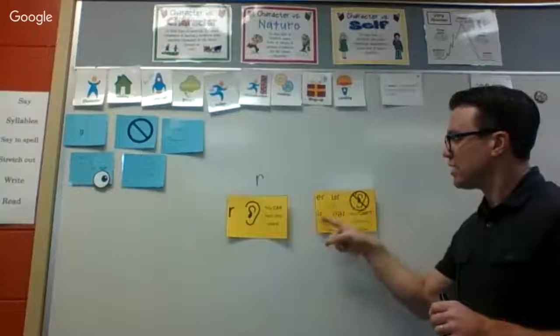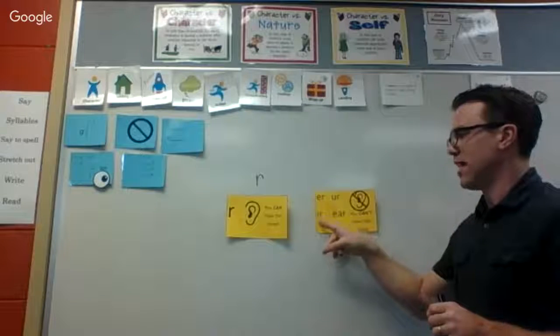Let me go ahead and stretch out the sounds in search and see if we hear a vowel sound. Search. Do you hear a vowel? I do not hear a vowel. There is no vowel sound in the word search. Now, if we look at this poster, it shows my ER, my UR, my IR, and my EAR, which are all my sounds, right?